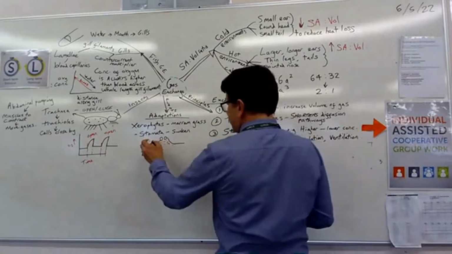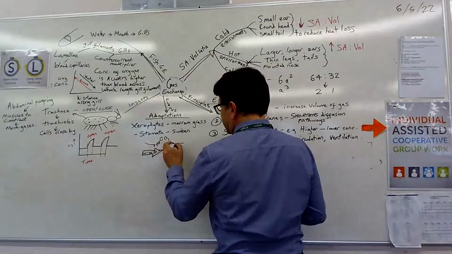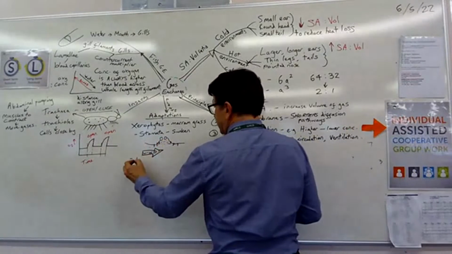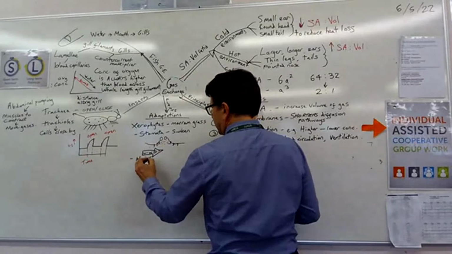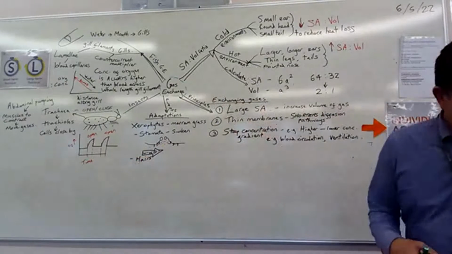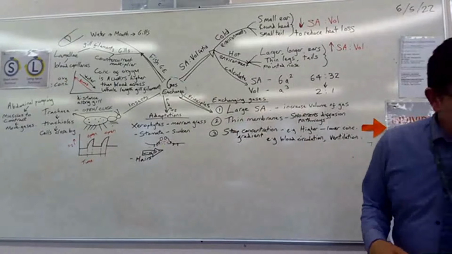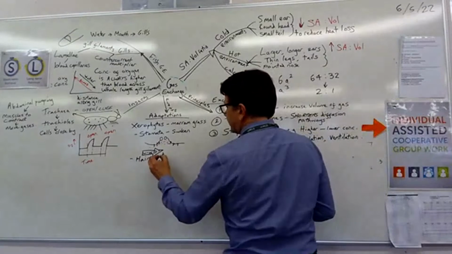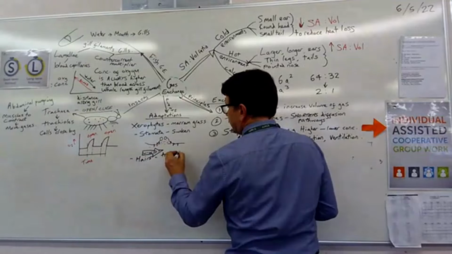They might have hairs on them as well, and layers of hairs, so it traps moisture in the stomata.